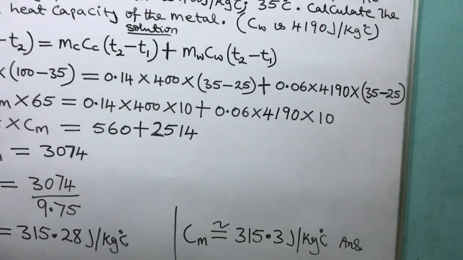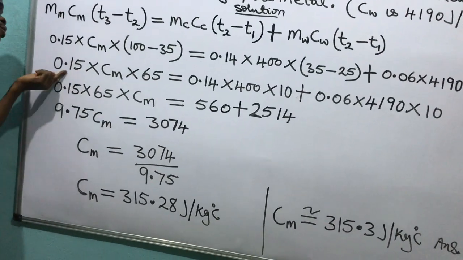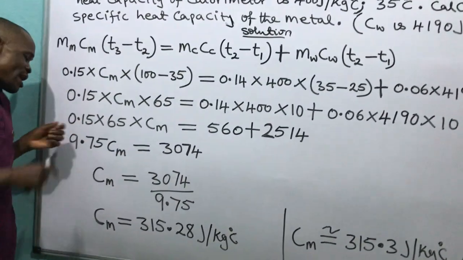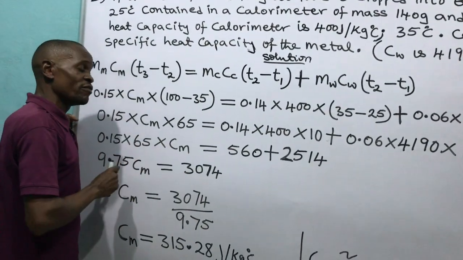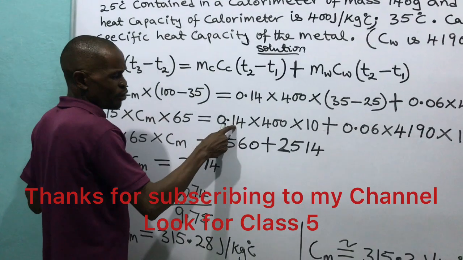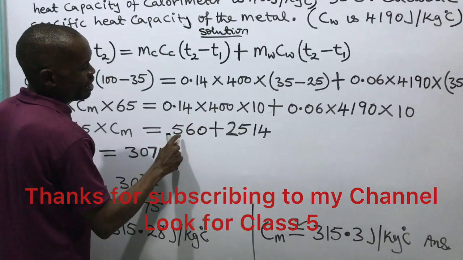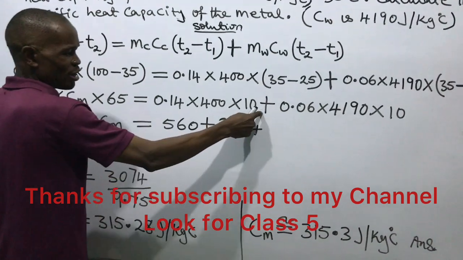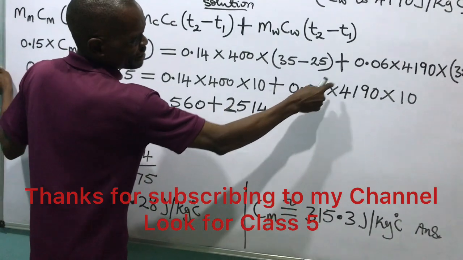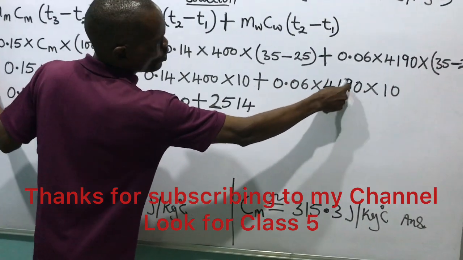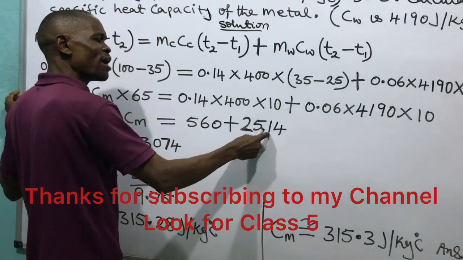Then now coming over here, I take this 65 to multiply 0.15 and we'll have 0.15 times 65 times the specific heat capacity of the metal equals 0.14 times 400 times 10, which will give me 560, plus 0.06 times 4190 times 10, which will give me 2514.